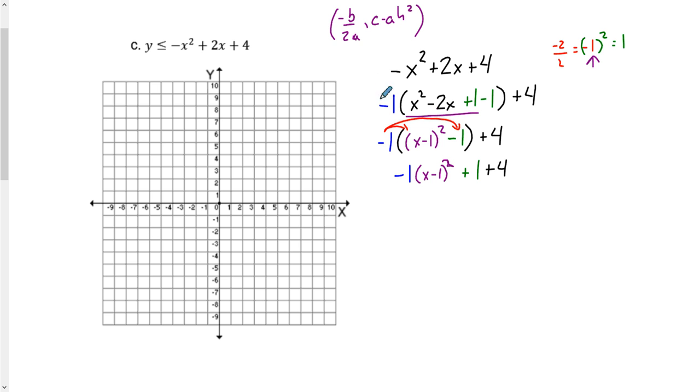Plus 4. So our full final complete equation will be negative 1 x subtract 1 squared plus 5. And that little front matter, that y is less than or equal to this, is just all that.